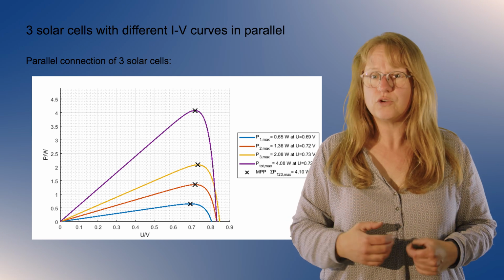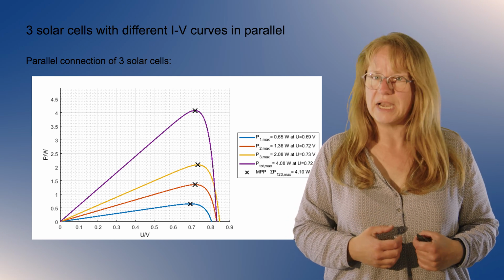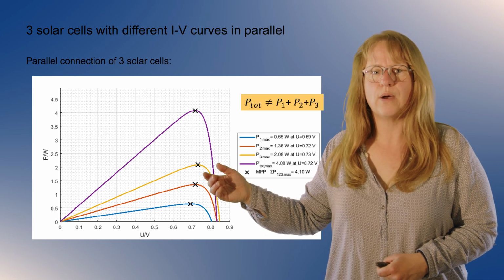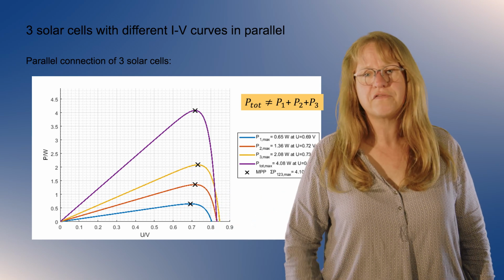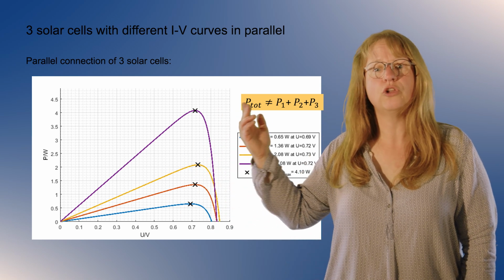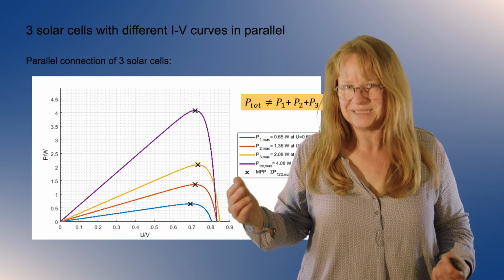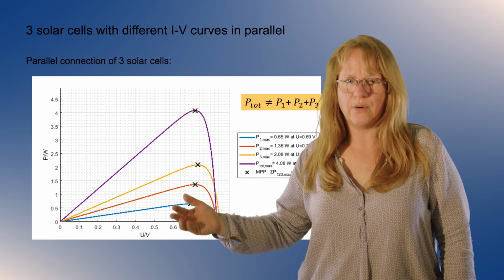So because of that, we lose a bit of generated power if we do a parallel connection of 3 solar cells. So in this case, where we don't have the same IV characteristics for all of the 3 cells, it means that the total power is no longer the sum of the 3 individual powers. Actually, it's a bit less, as we saw. So we get less power if we do a parallel connection.